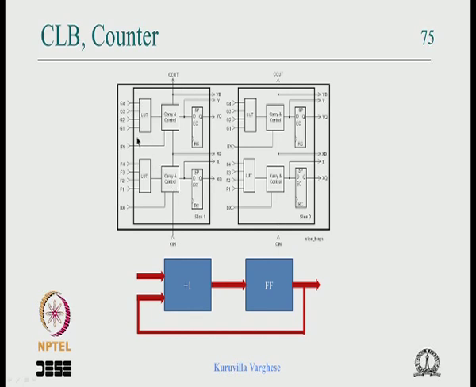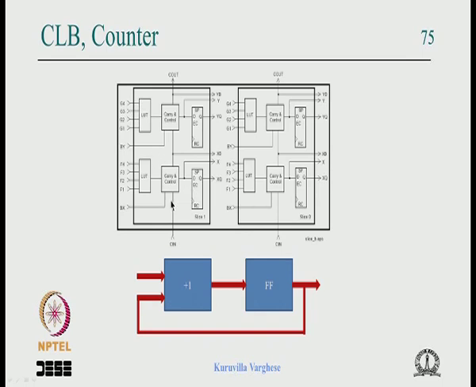Whatever is a Q will come here, and the carry chain will use it as an incrementer with a +1. This BX will be 1, and that will add 1 to everything. You don't need to give a +1 at the input of the lookup table, but this can be used for +1. So that is how the counter gets implemented.